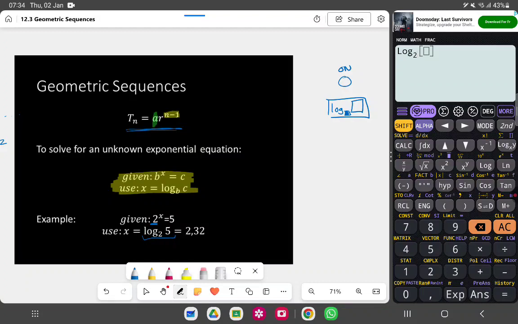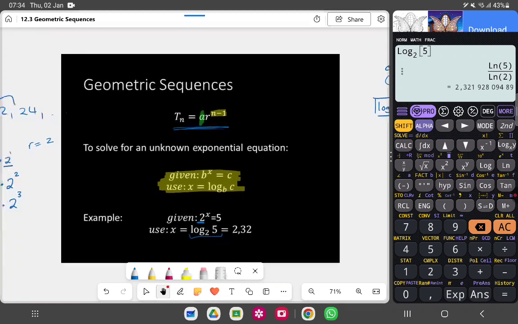Then you press the sideways arrow to move to the next block, and you put in the 5. Mine automatically gives the answer, but yours, you are going to press equal, and you are given a decimal number. So our answer is then 3.219280949, or 3.2 if we round it off.